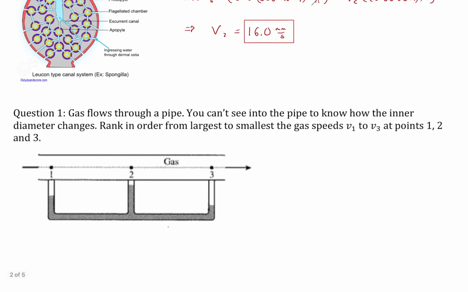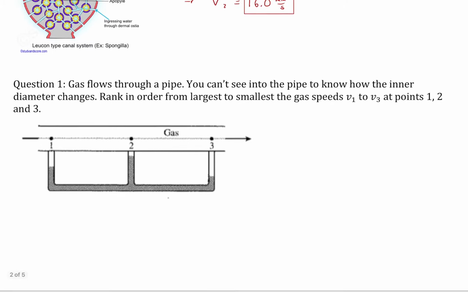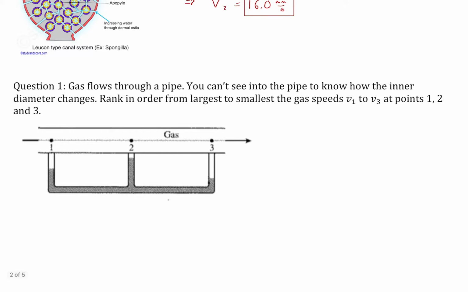All right? So let's consider now the relationship between velocity and pressure, okay? Because this is one of the big ideas that is a little tricky and potentially counterintuitive. So gas flows through a pipe. You can't see into the pipe to know how the inner diameter changes, but you can see these little tubes here that are either sucked up because there's low pressure, or they're not sucked up as much because there's higher pressure.